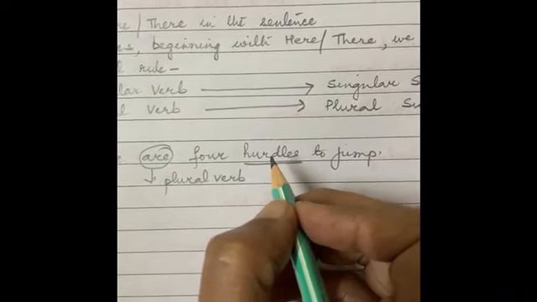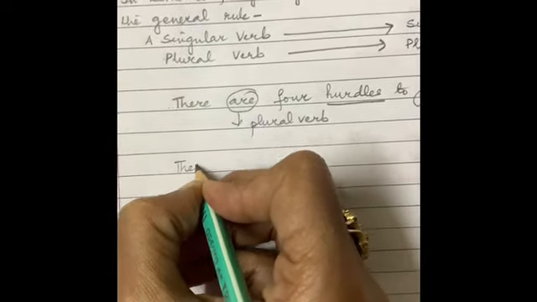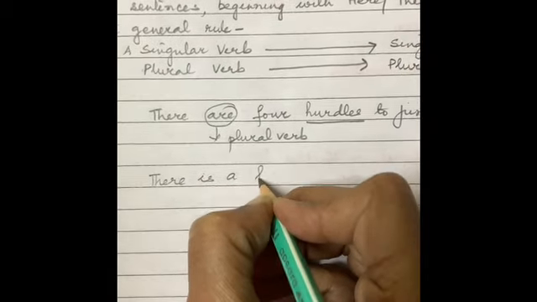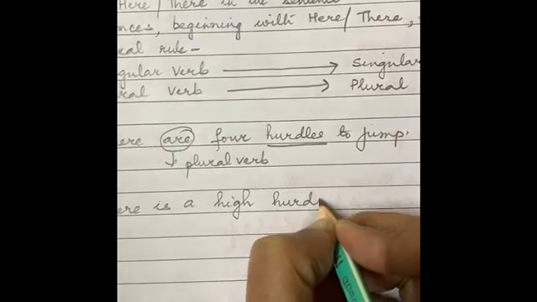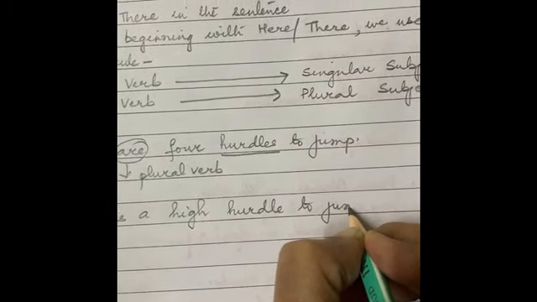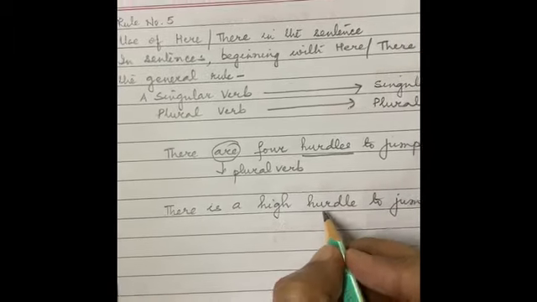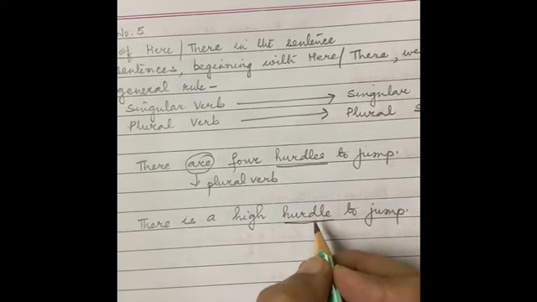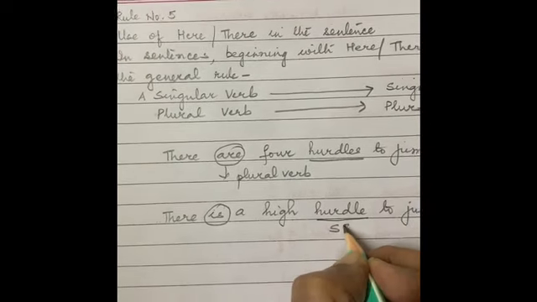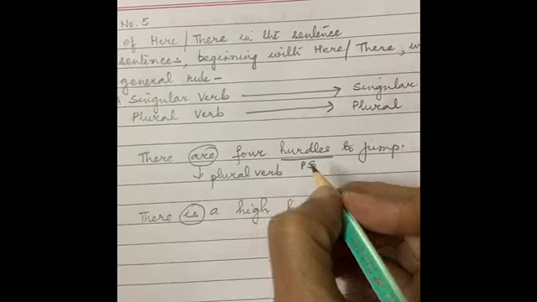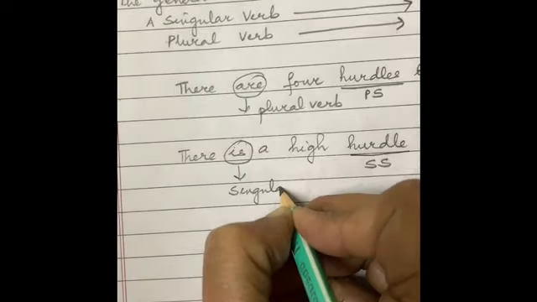Let's see one more example. The similar one. There is a high hurdle to jump. Here, for the singular subject hurdle, we have used the singular verb is. Singular subject, singular verb.